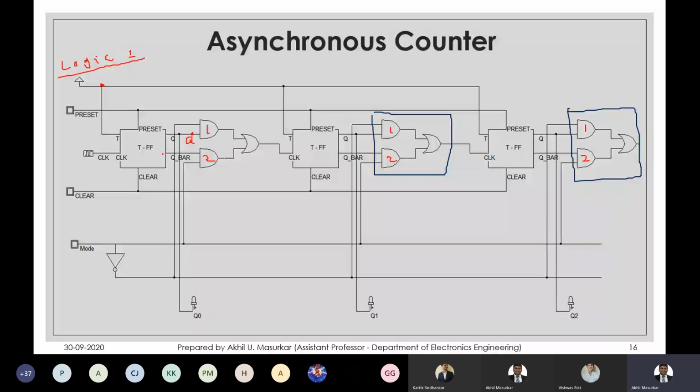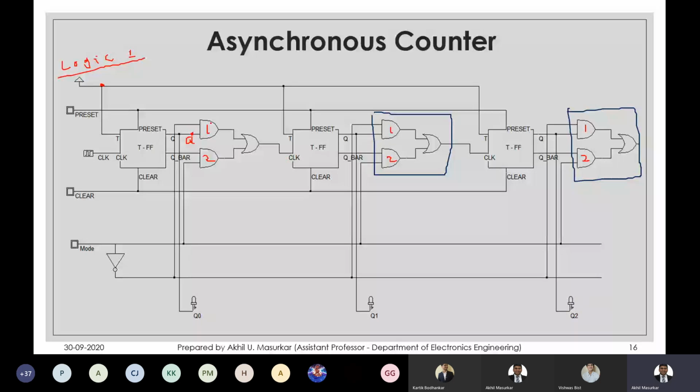So either Q gets connected to the clock or Q bar gets connected to the clock, based on which of the AND gates is on. If AND gate 1 is on, then Q will get connected to the clock. If AND gate 2 is on, then Q bar will get connected to the clock of the next flip flop.